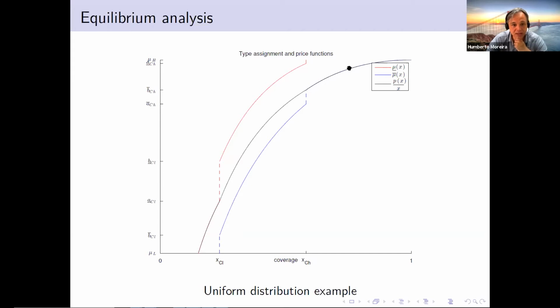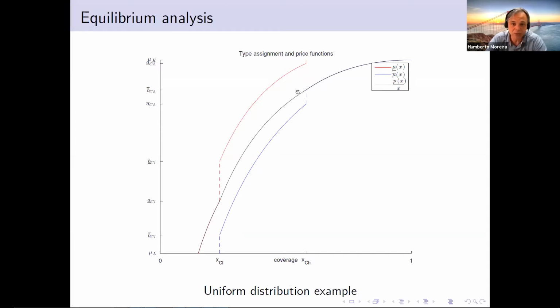So these guys are separating, and they are going to be unique, as in the one-dimensional model. And the same for the low part: for the low coverage level, you're going to have only the low risk averse type choosing that level, just a unique type.